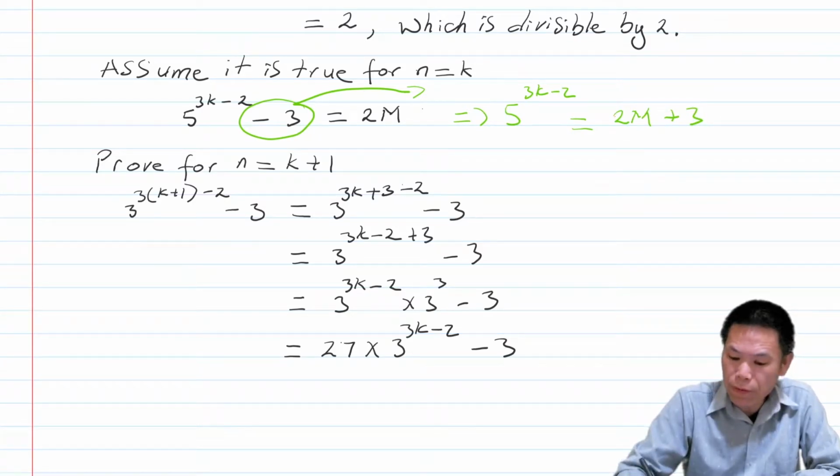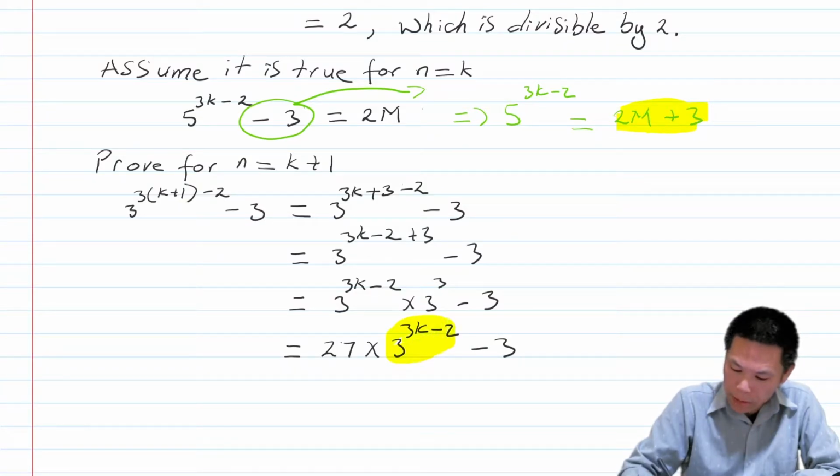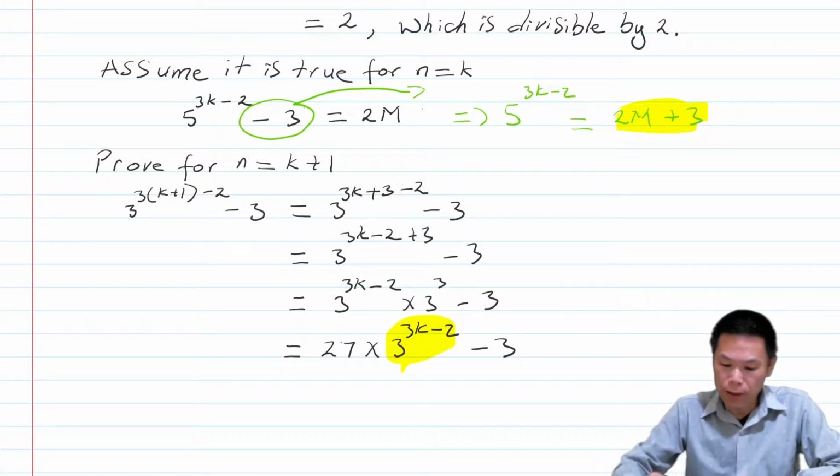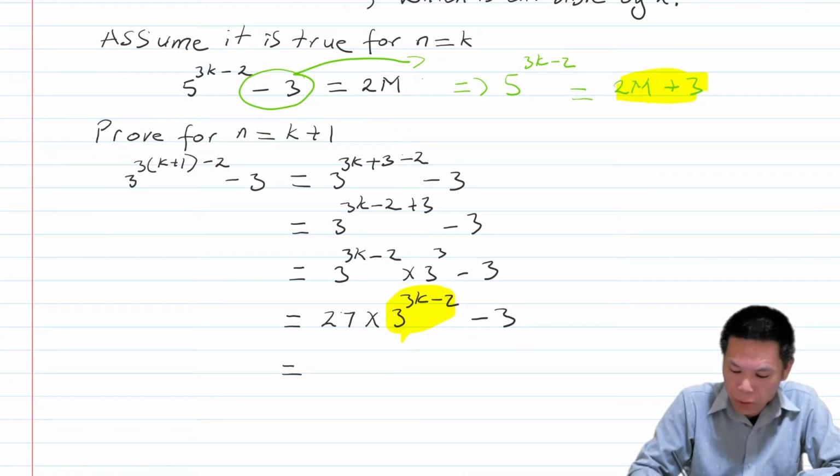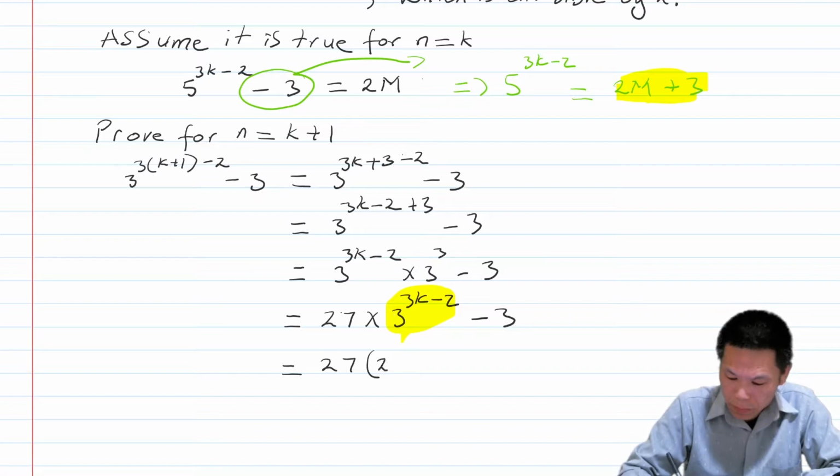So then 5 to the power of 3k minus 2 is equal to this. Okay? So which equals 27 bracket 2m plus 3, and minus 3.